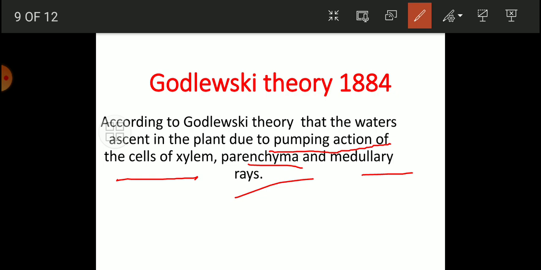So these are the things which help in the ascent of sap, according to Godlewski, in the theory put forth in 1884. So pumping action occurs in xylem parenchyma and medullary rays.